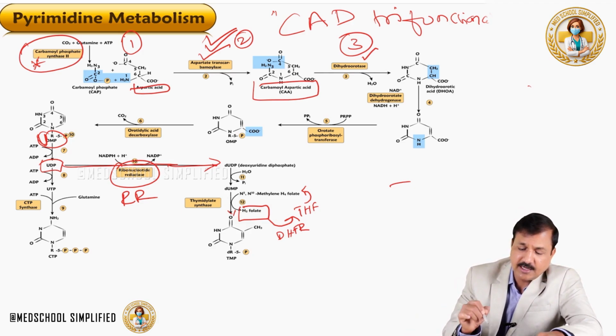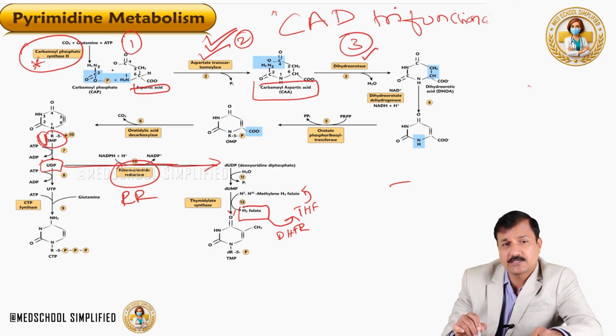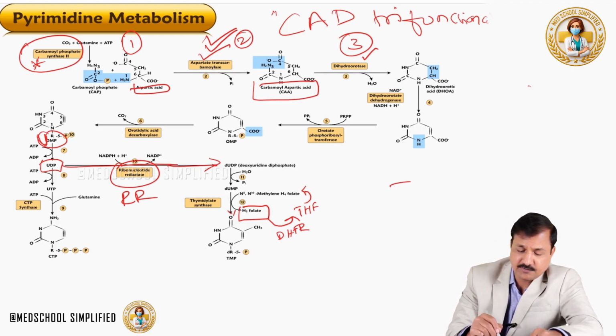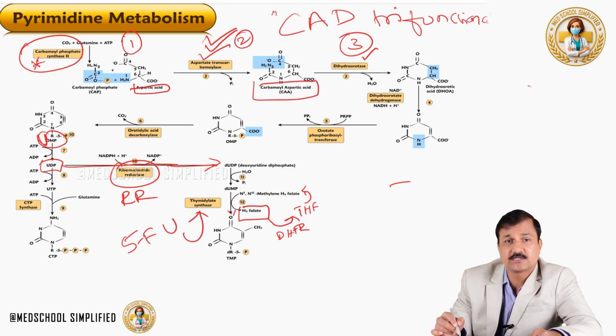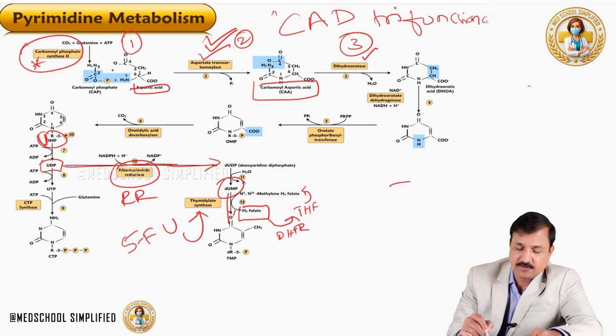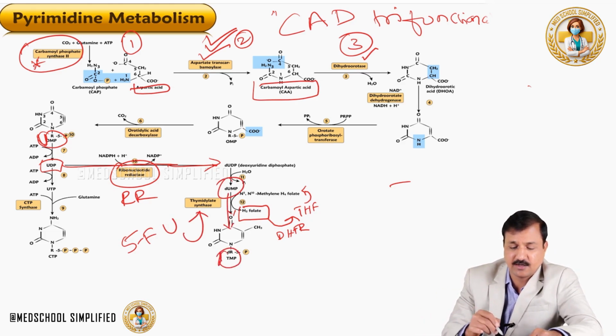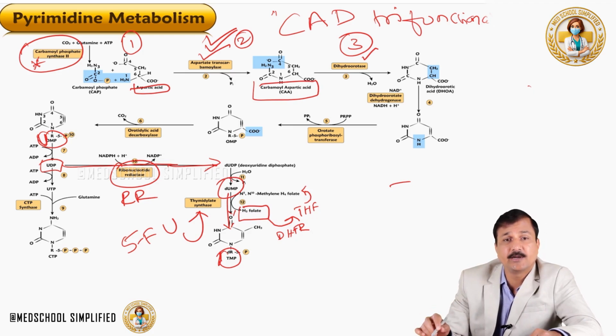So there can be drugs which can inhibit certain enzymes in this pathway, that is 5-fluorouracil, 5-FU will inhibit thymidylate synthase enzyme, thereby it decreases the conversion of dUMP into dTMP. That's a direct action of 5-fluorouracil on thymidylate synthase.